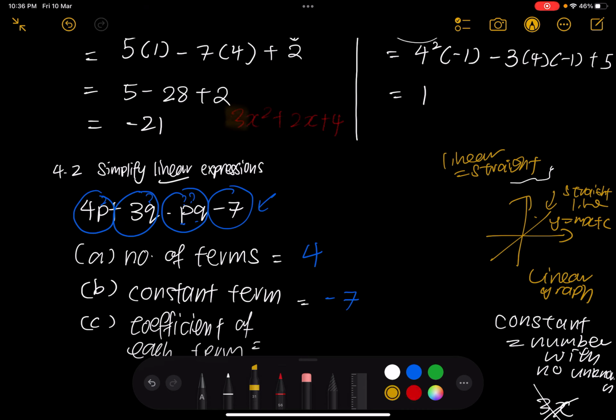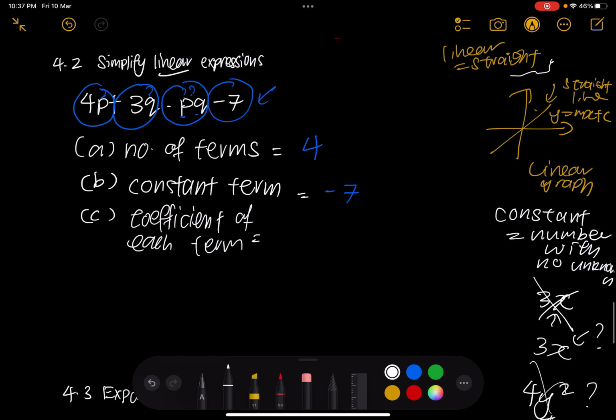My coefficient of x is 2, and my constant is 4. So now let's look. The first term, what is the coefficient of 4p? 4. Second one, what is the coefficient of 3q? 3.